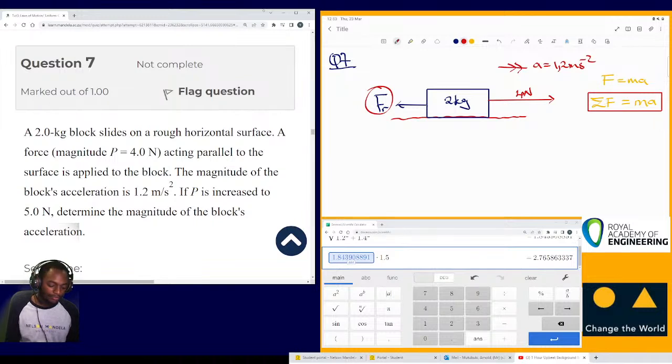The forces that we have in that diagram, we've got the 4 newton force and the frictional force. The 4 newton force is the driving force, which is in the direction in which our block is moving, and the frictional force is acting in the negative direction. So when we sum these two, it is going to be 4 minus the frictional force equal to ma.